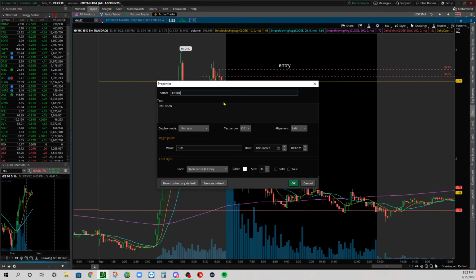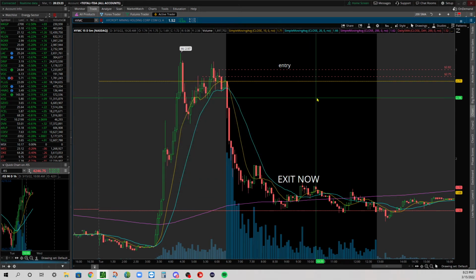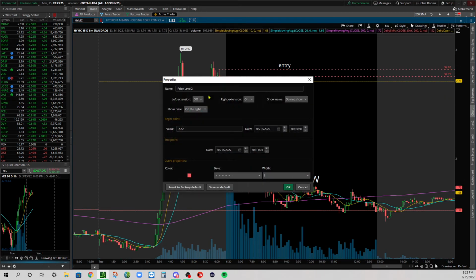Oh, that's the line thingy. Just edit your line. Literally mine says entry, every single one of them. Entry, and then hit save. Save as default. Oh, and then show name. Show name on the right side. Put it on the right. And then save as default. Okay. Yep.